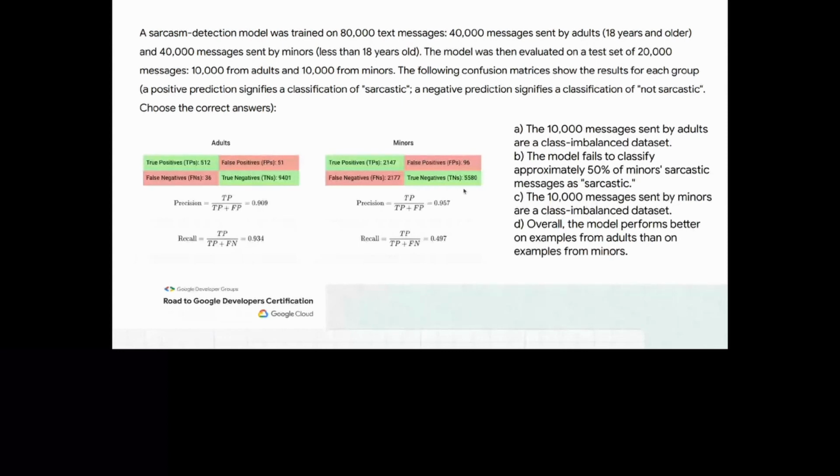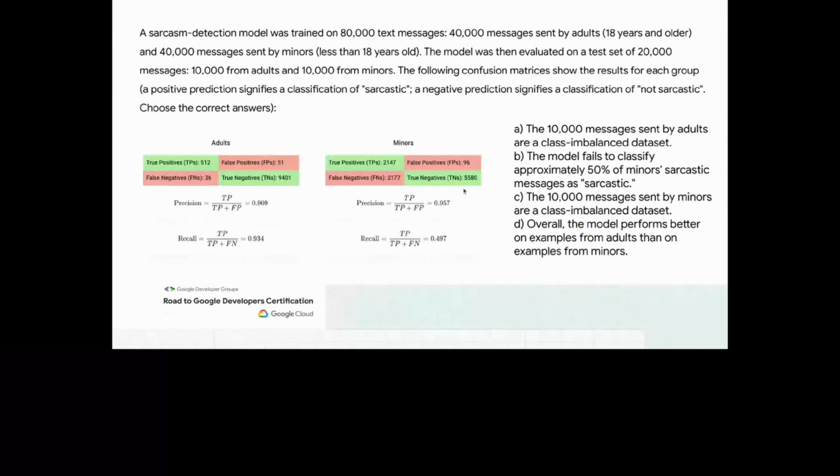So look at the adult and minor precision and recall. Precision is true positive over true positive plus false positive. So everything that the model picked as sarcasm, whether the right ones over everything that it picked. And the recall, which is true positive over true positive and false negative. So what the model picked correctly from the sarcasms over all of the sarcasm that existed.